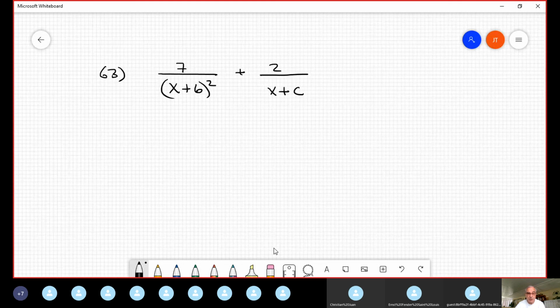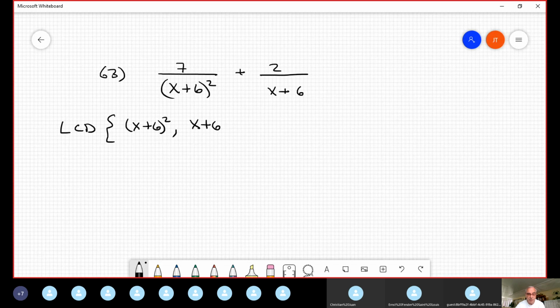Okay, my first question is, what is the least common denominator between x plus 6 squared and x plus 6 not squared? What do you think? I think it's x plus 6 factor squared. Because it's the majority, no?